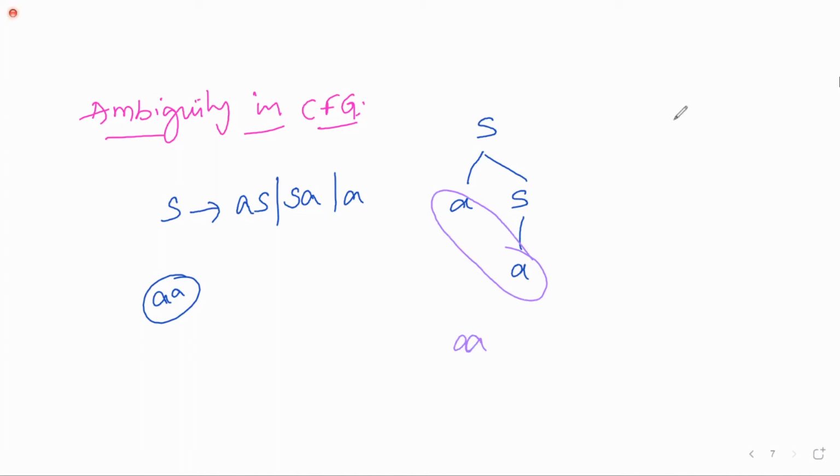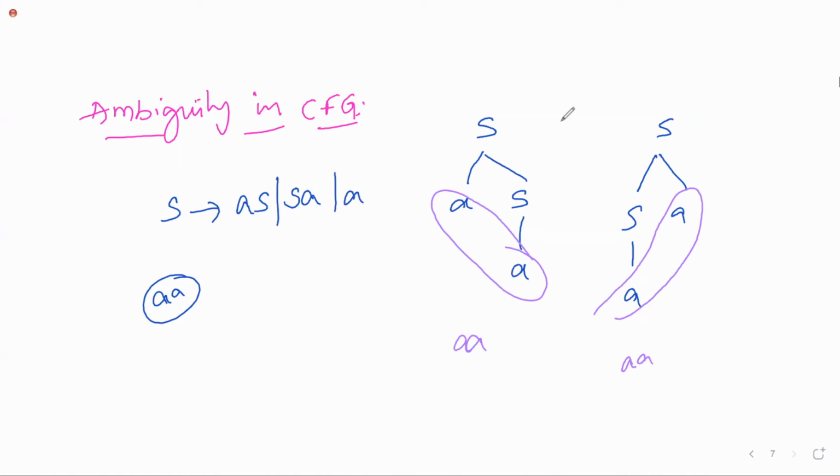Next thing is S tends to SA. Here A. Here also A. Are both the derivations the same?